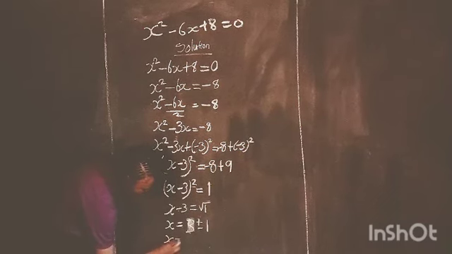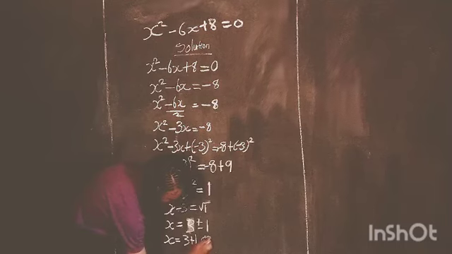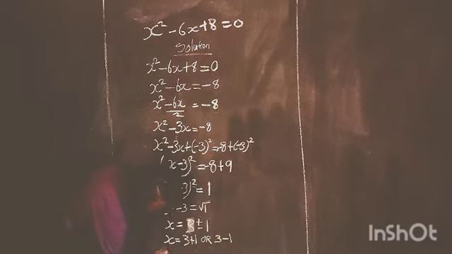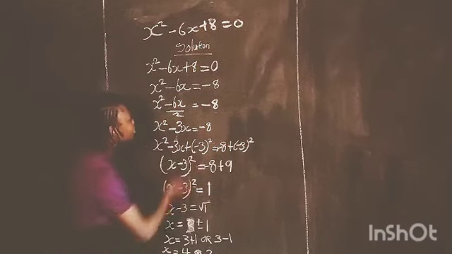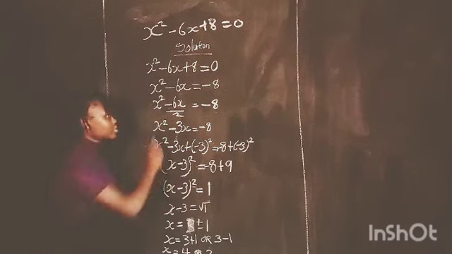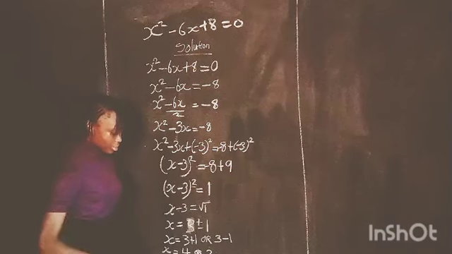So x equals 3 plus 1 or 3 minus 1. So x equal to 4 or 2. Alright, so we're done solving this quadratic equation with the completing the square method.